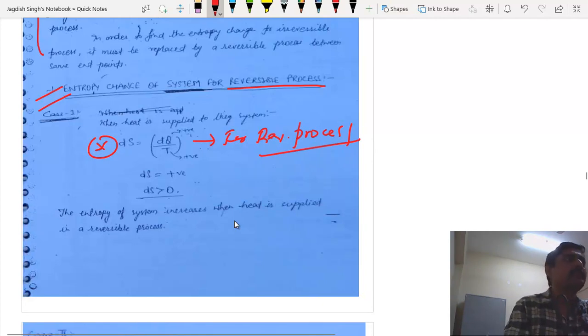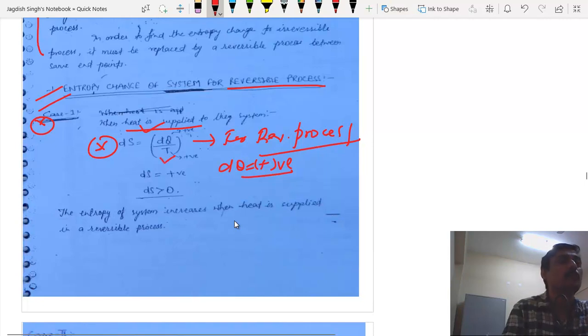Okay. Suppose in the first case that heat is supplied. In this condition, what will happen? This dq will be positive because heat is supplied, and temperature is always positive. In this condition, ds will be positive, and we can say that entropy will be increasing.